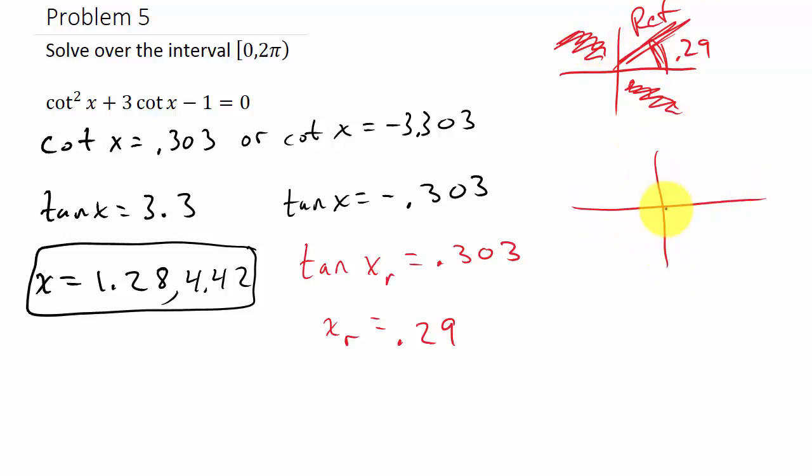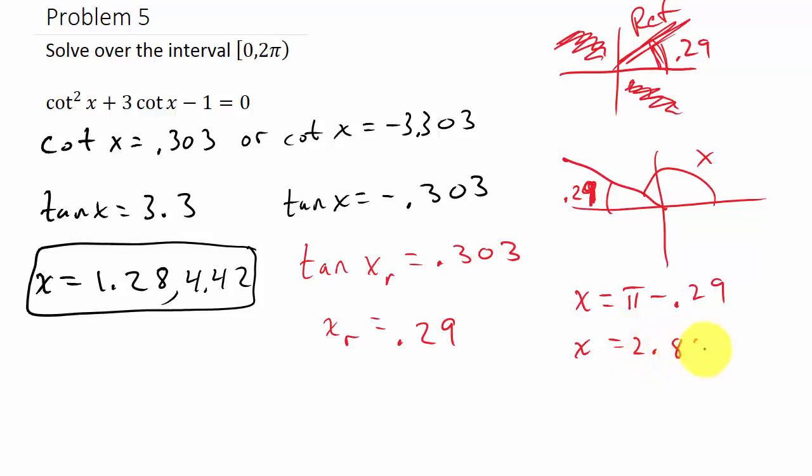Let's find the second quadrant angle. Here's my reference angle, 0.29. So x is going to be pi minus my reference angle. And so pi minus 0.29 is 2.85. So here I get x is 2.85.